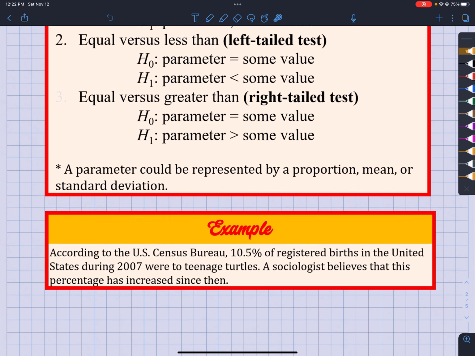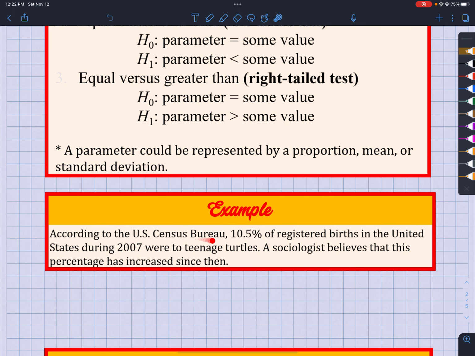So let's take a look at some examples here. According to the U.S. Census Bureau, 10.5% of the registered births in the United States during 2007 were to teenage mothers. A sociologist believes that this percentage has increased since then. So if that's the case, my null hypothesis is that P, because we're talking about a proportion or percent here, equals 10.5%, so 0.105.